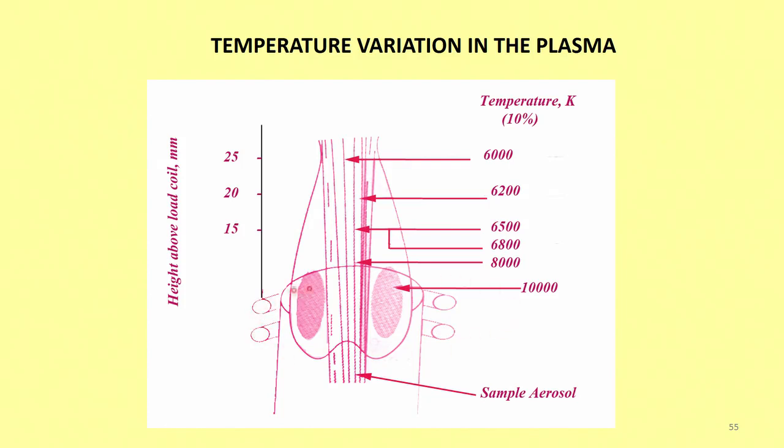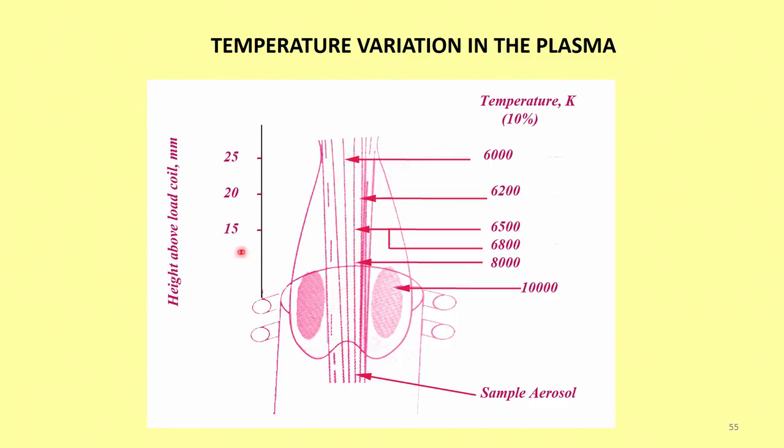It is a circular feature for RF, and sample introduction comes through the tubing, and the general shape of the plasma is like this. The argon gas will be flowing through all these concentric circles, and the plasma will be available slightly above this.